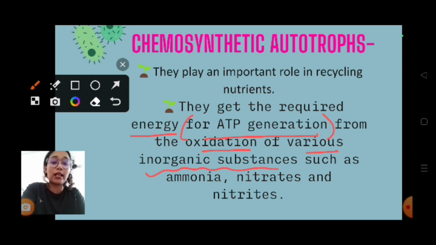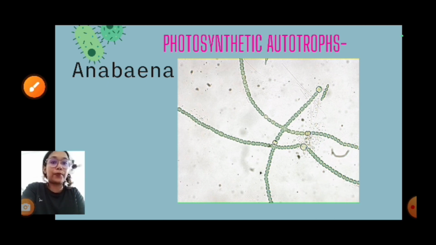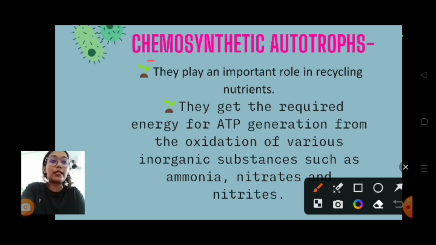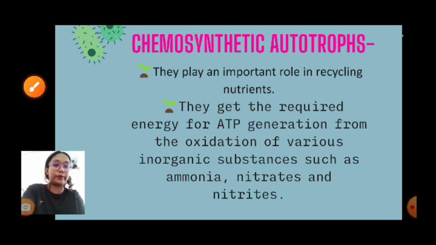For example, ammonia, nitrates and nitrites are oxidized to provide energy to that particular bacteria. That is called chemosynthetic autotrophs. Getting my point? These are the important lines which you have to mark, to gain energy.